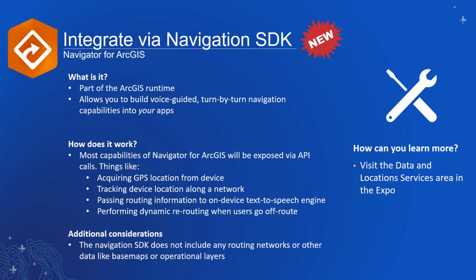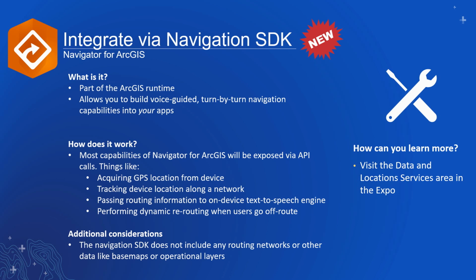So you can do things in your app like acquire the GPS location from the device, track that device location along a network, and pass routing information to the on-device text-to-speech engine, because that's really what we do. If you're using an iOS device, we pass text to the iOS text-to-speech engine. It reads it out loud to you. So we allow you to do that in the Navigation SDK as well. And then perform dynamic rerouting when users go off a route, getting them back onto that route, or getting them to the location in a better way.